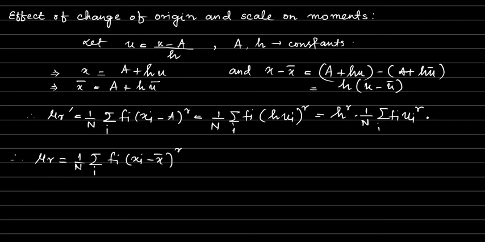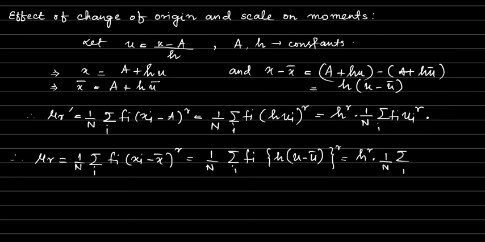Therefore this is equal to 1 by n summation over i fi into h into u minus u bar to the power r, that is equal to h to the power r into 1 by n summation over i fi into u minus u bar to the power r, which is nothing but the moment of the variable u.